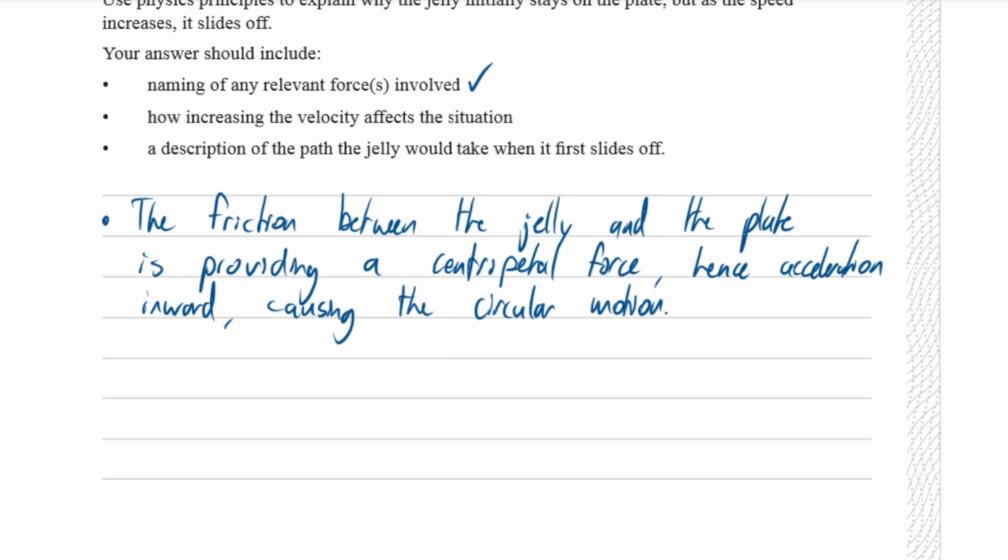Now, second part of the question, how does increasing the velocity affect the situation? So in our data book, or our formula sheet, we know centripetal force is mv squared over r. So if we increase the velocity for the same radius and same mass, it would increase the centripetal force required. And again, that comes from friction. So if we keep on increasing the speed, we will need more and more friction to maintain that motion.